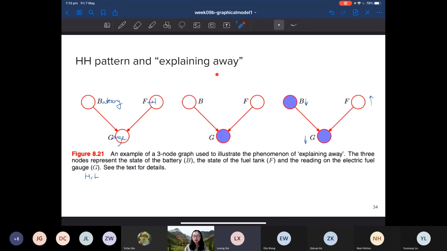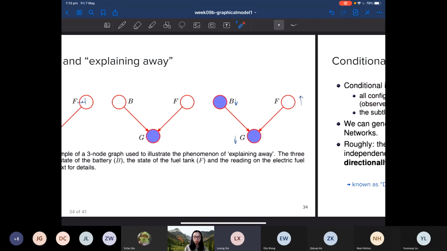This is generally called the phenomenon of explaining away, right? Knowing the child, the two factors are sort of explaining each other away. Same goes if we already know that the fuel is low, it might have caused the gauge to have a low reading, and it's actually less likely that the battery is low. You can do the calculation the other way around using the same model presented in the book.